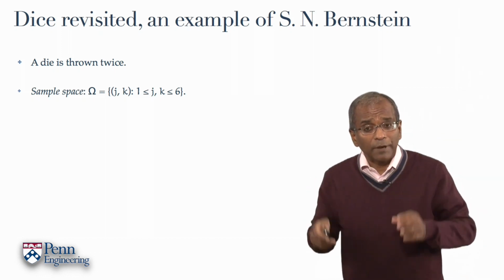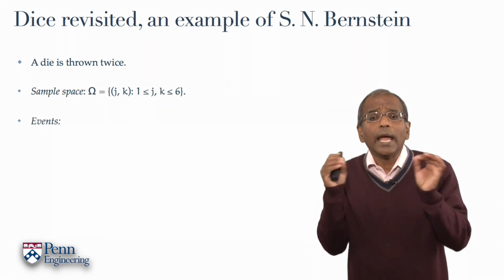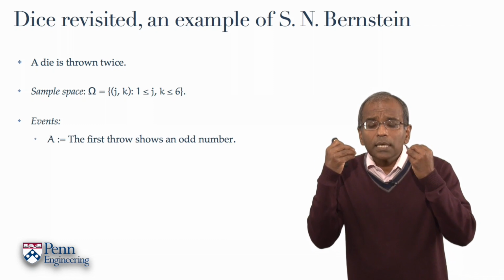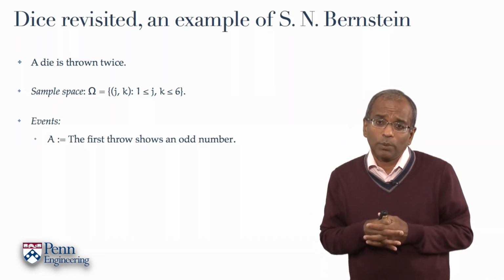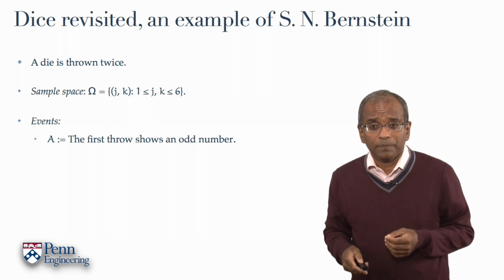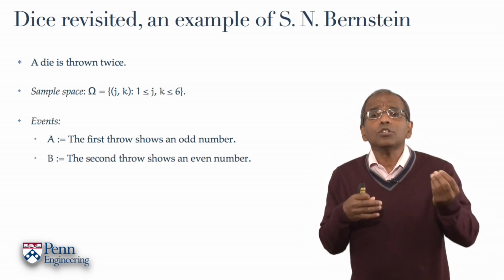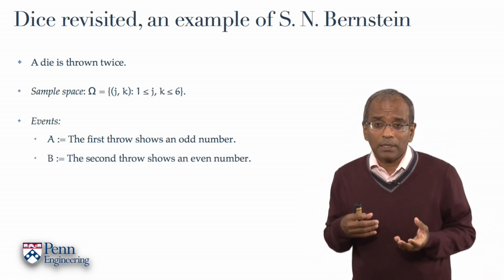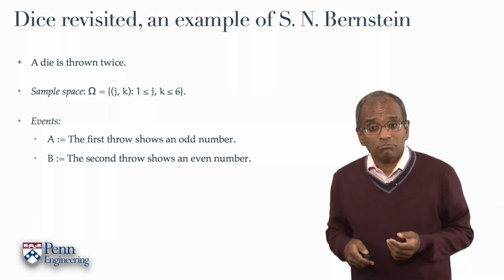Let's look at some events that we can construct from this experiment. Let A be the event that the first throw shows an odd number. In other words, the first throw shows 1, 3, or 5. Let B be the event that the second throw shows an even number. In other words, the second throw shows a face 2, 4, or 6.